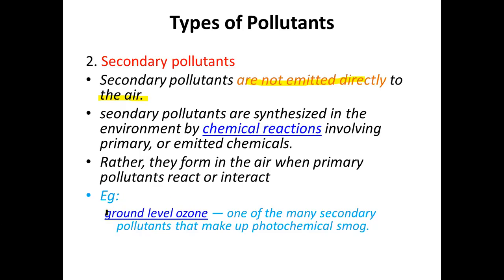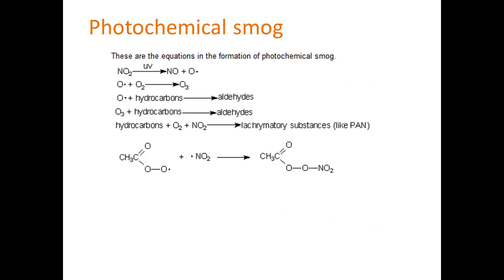Examples are ground level ozone and photochemical smoke. You may have heard about photochemical smoke. It is a type of air pollution derived from vehicular emissions from internal combustion engines and industrial fumes. You learned about this during your A-level school period.